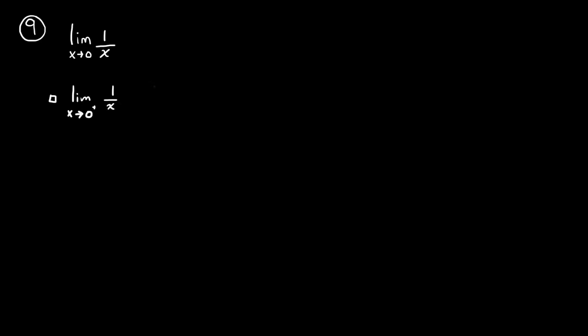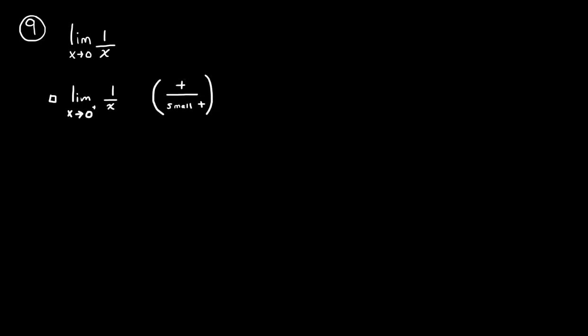All right, so the top of this thing is always positive, so that doesn't change. Now, if we get closer and closer to 0, then the denominator is going to be really, really small, but it's also going to be positive because we're approaching from the right of 0.